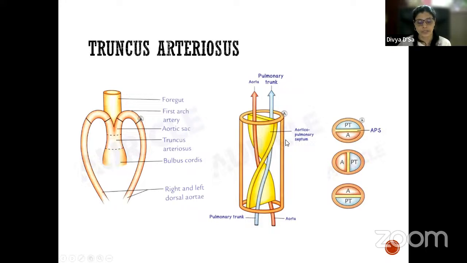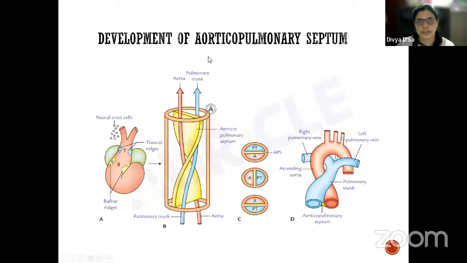Here a septum develops to separate the truncus arteriosus, and that is the aorticopulmonary septum. It is a spiral septum which forms and separates the truncus arteriosus into the ascending aorta and the pulmonary trunk.